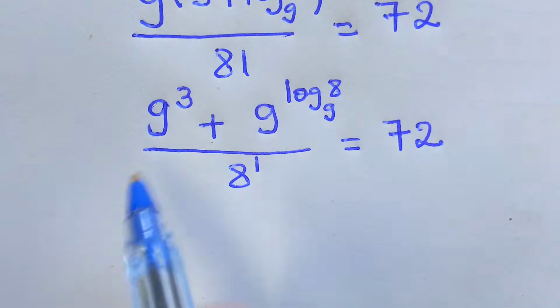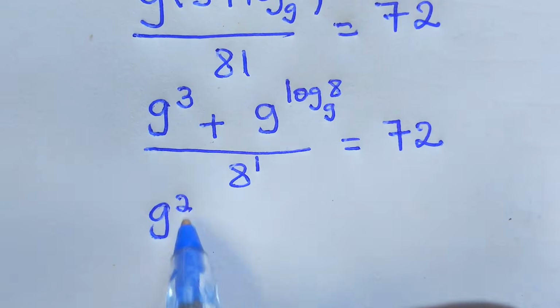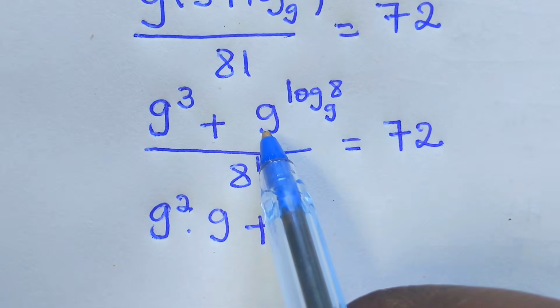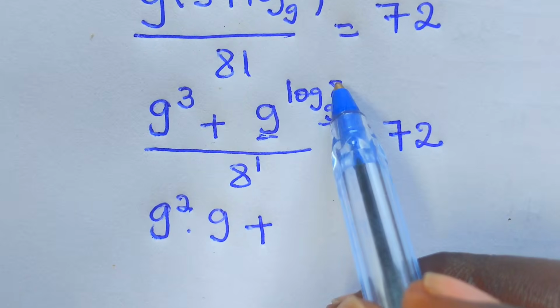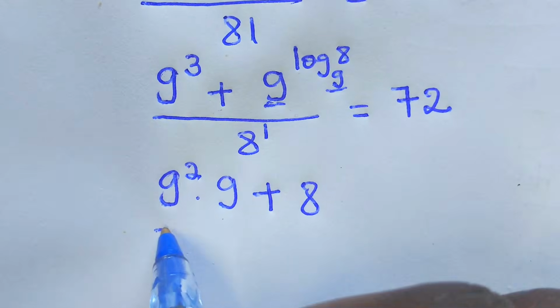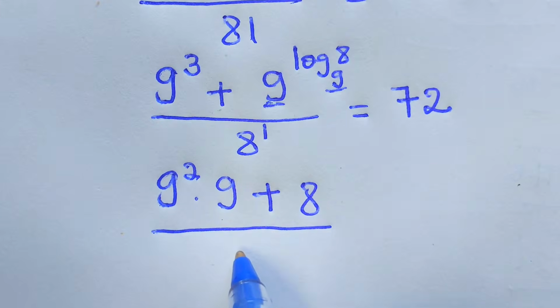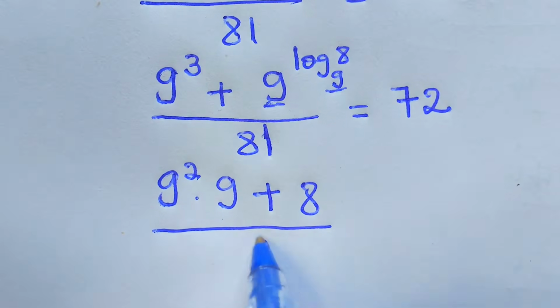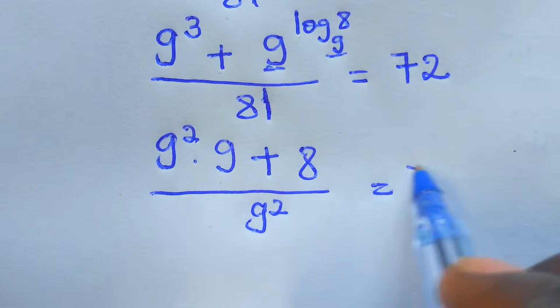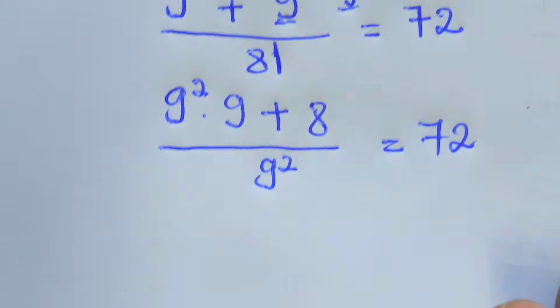And of course this is 9 squared times 9 plus, and of course we have same base, to mean that the answer is 8 plus 8. This should be equal to here 81. This is 9 power 2, which equals 72.